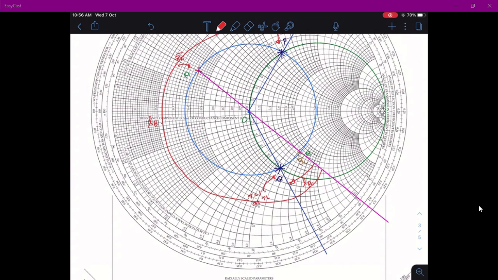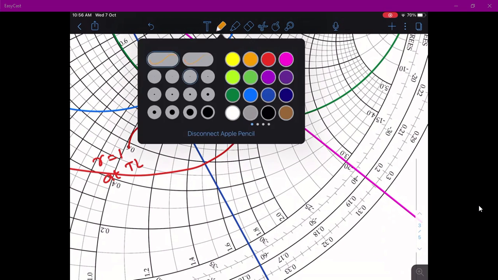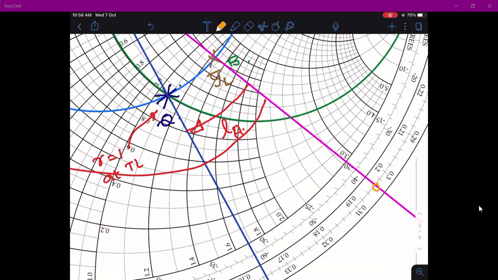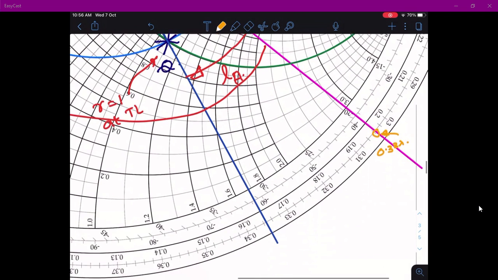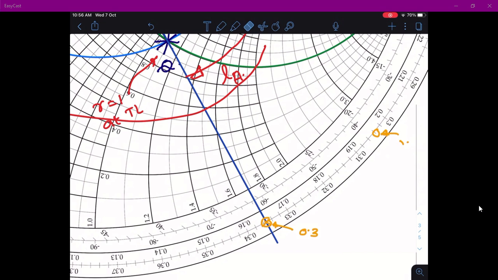If you look here, the wavelength towards generator is around 0.303 lambda, and this is around 0.335 lambda.